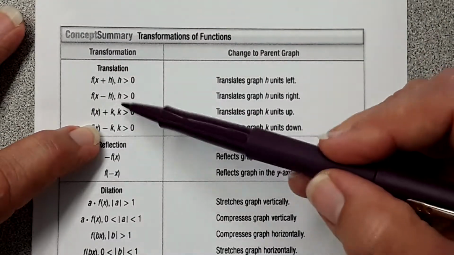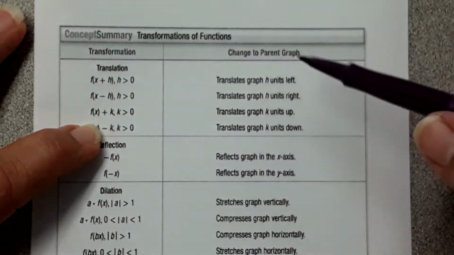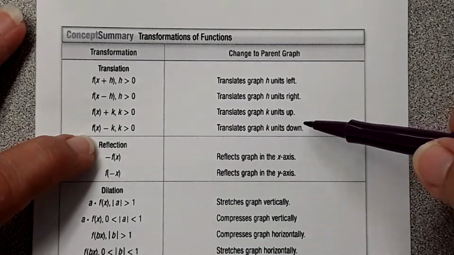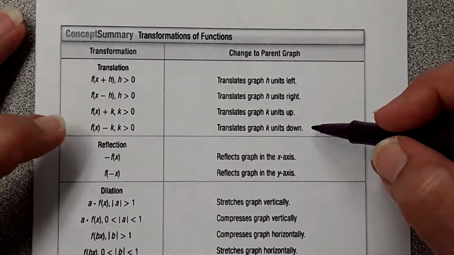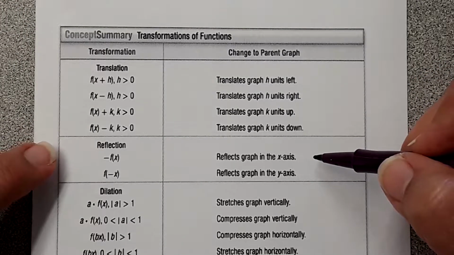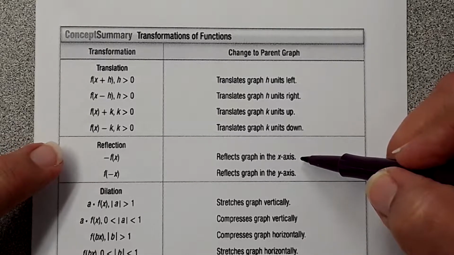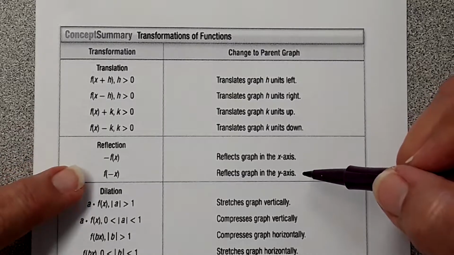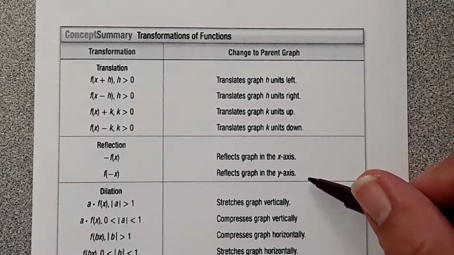If there is no h and it's just plus k, like f of x plus k, then it moves it up. f of x minus k is going to move it down. If you have a negative function, it's going to reflect it over the x-axis. If the negative number is inside, it's going to flip it over the y-axis.